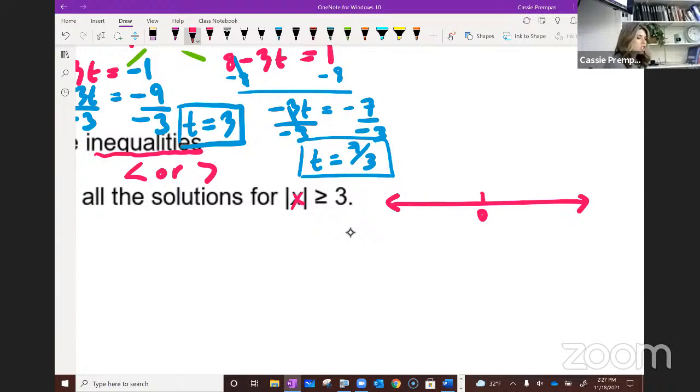In other words, I'd say shade all the numbers whose distance is bigger than or equal to 3 units away from 0. Let me say that again. Shade all the numbers whose distance is greater than or equal to 3 units on the number line. Okay, on your own, go ahead and shade. I want to walk around and see how you guys think about this.